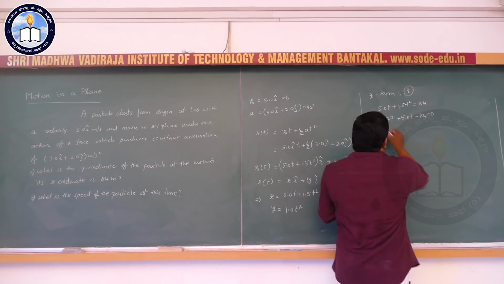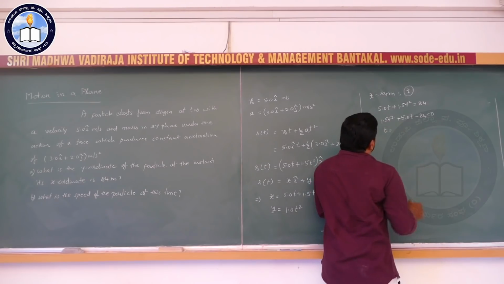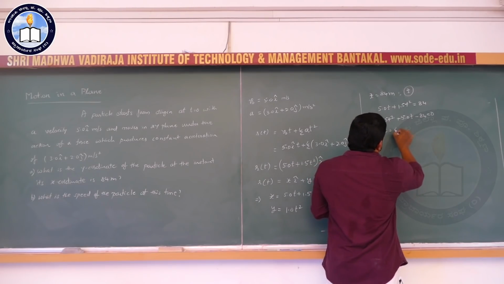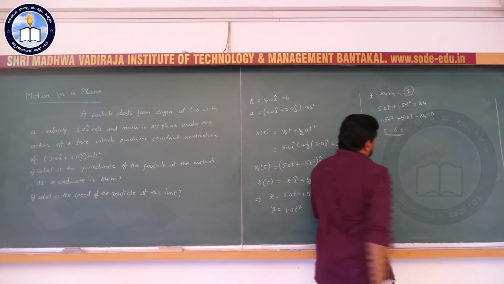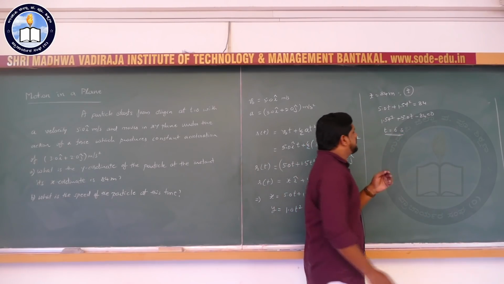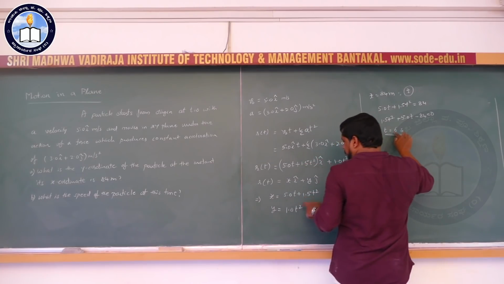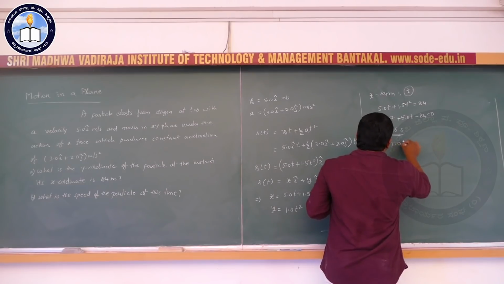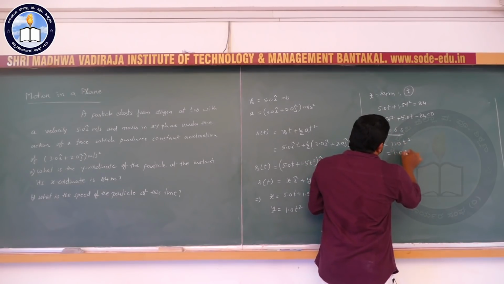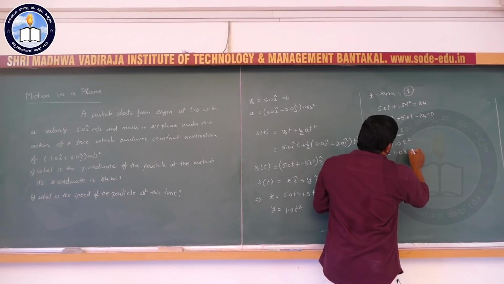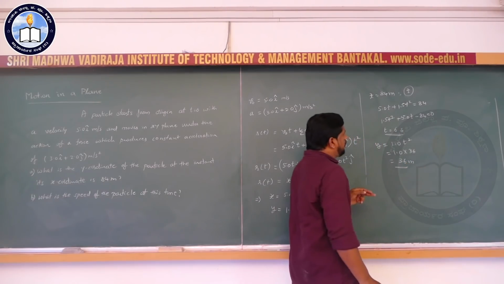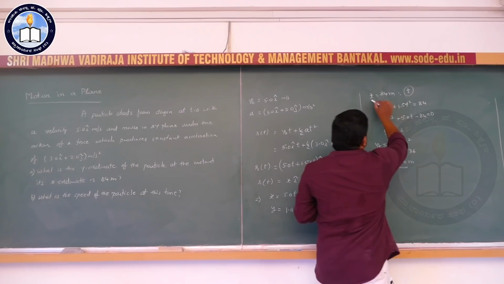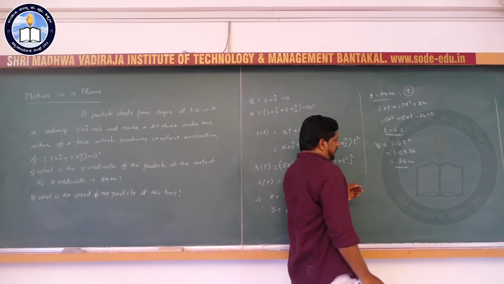If you solve this quadratic equation, you will get t is equal to 6 seconds. Now, substituting t is equal to 6 seconds in the equation y is equal to 1.0 t square, that is 1.0 into 6 square, which is 36 meter. So y is equal to 36 meter when x is equal to 84 meter.